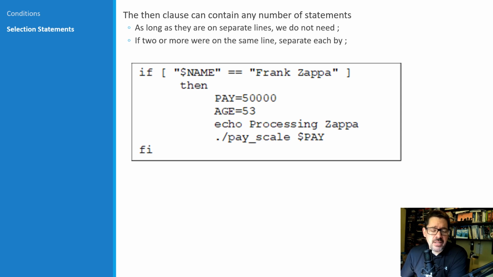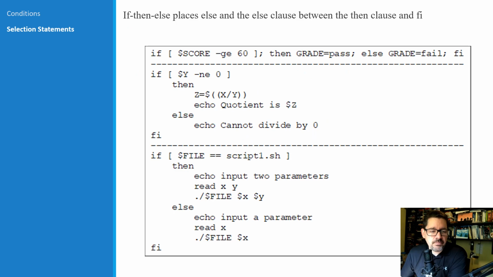If the value of the variable $name is equal to Frank Zappa, which is the author of our textbook, then it's going to carry out those instructions, and then we end the if. So this is the most basic type of conditional. Here's an if then else, right? So here we're checking to see if the score is greater than 60, and then they pass, otherwise they fail, right?